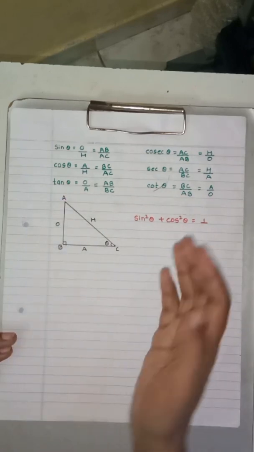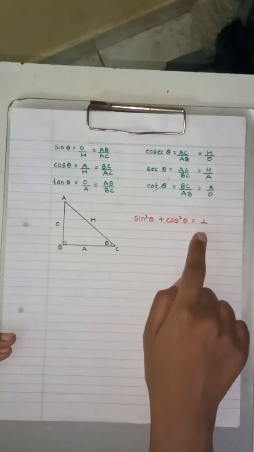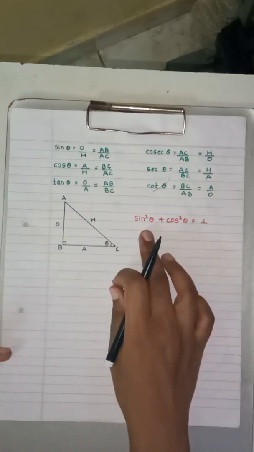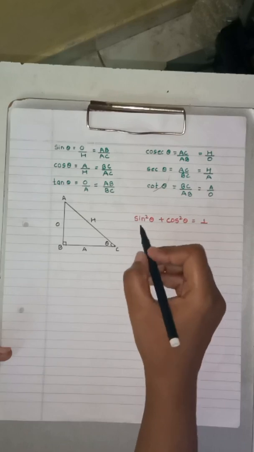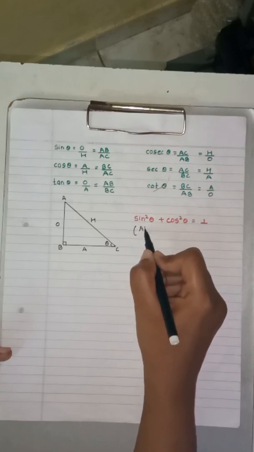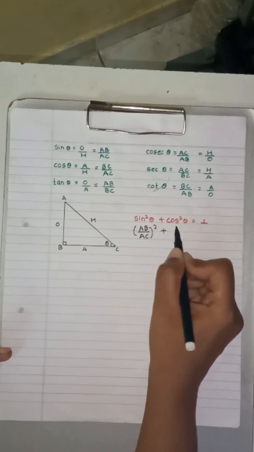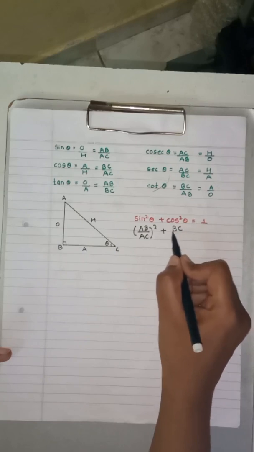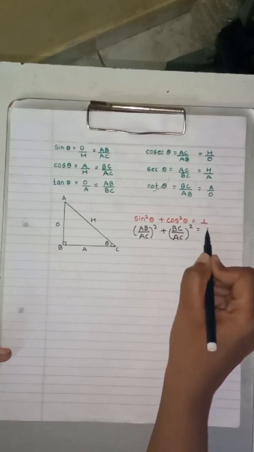Now we are going to get the first identity, that is sin square theta plus cos square theta is equal to 1. How it is, we'll study. Now what we'll do here, we'll put the values. Sin theta is AB upon AC, so I'll put the value here: AB upon AC whole square plus cos theta is BC upon AC, BC upon AC whole square is equal to 1.